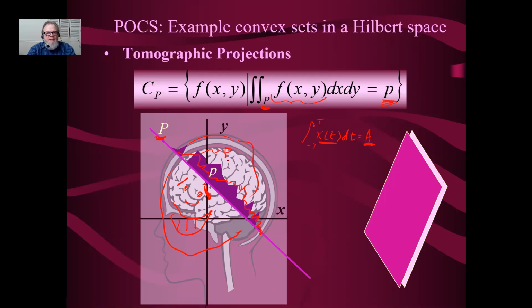We don't care what's outside of this path, only along this path. And the set of all signals that give you these one-dimensional slices which integrate to P themselves form a convex set. Any questions on this? We got first of all into a two-dimensional example.